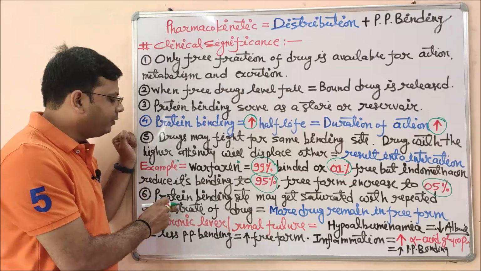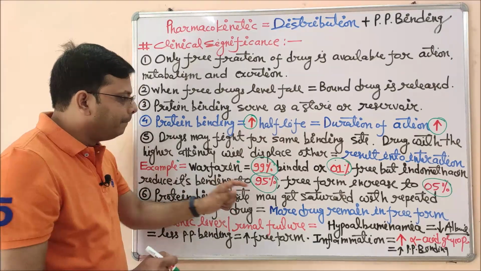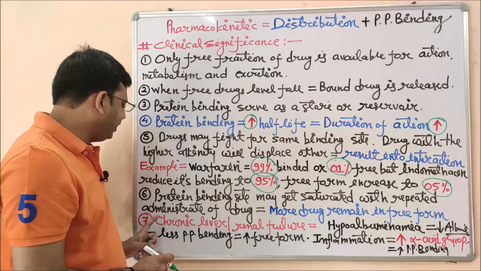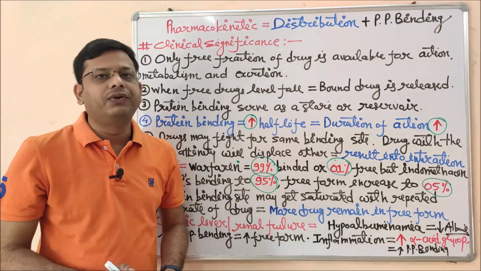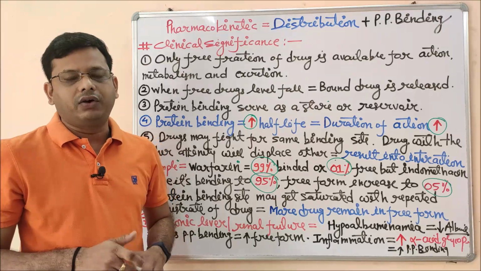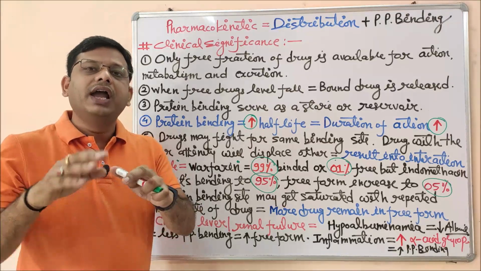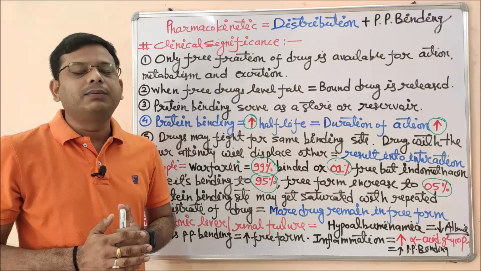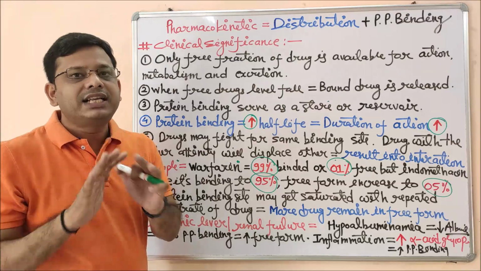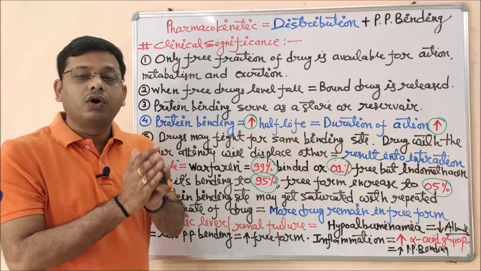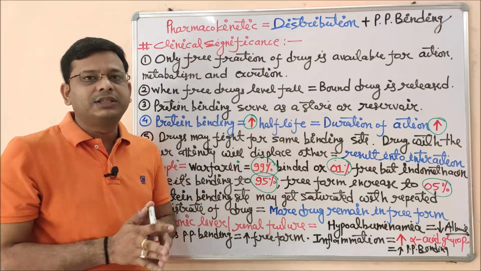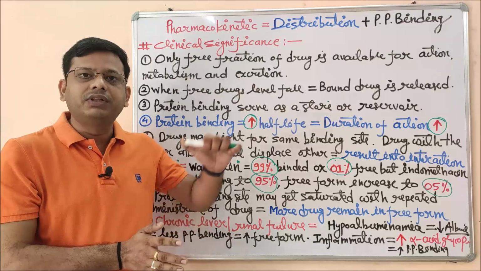Now coming to the next point: protein binding sites may get saturated with repeated administration of a drug, so more drug remains in the free form. If you repeat the same drug at frequent intervals, the plasma protein binding sites will get saturated. Afterwards there will be no or less plasma protein binding for that particular drug in comparison with the previous one.